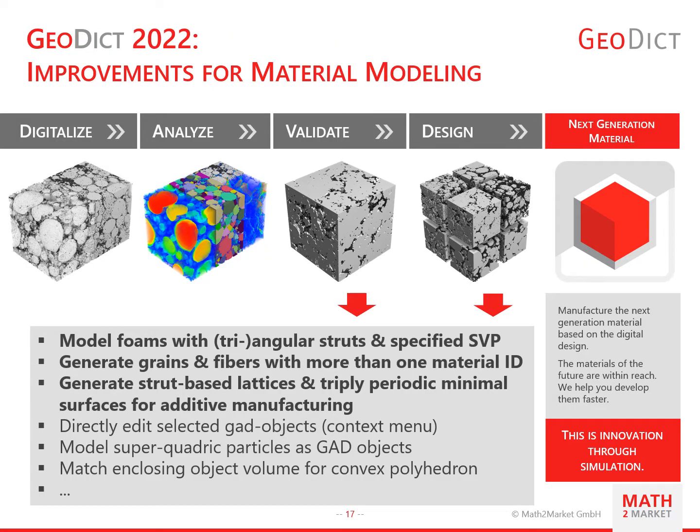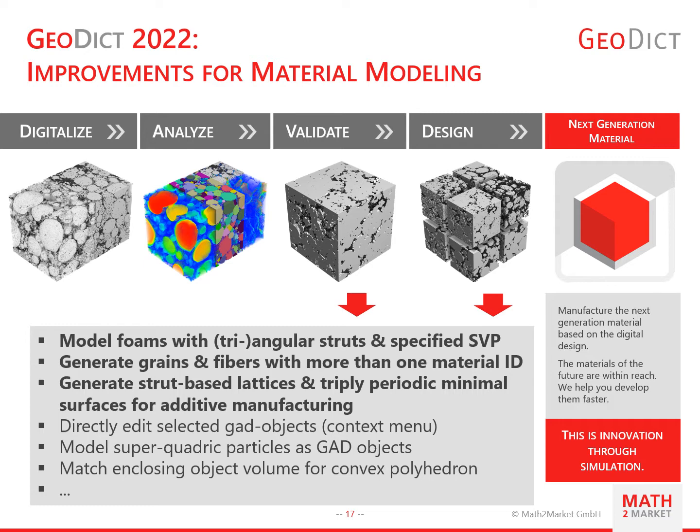Let us continue with the feature highlights regarding material modeling, which is needed for the validation and especially for the design step. One can model foams with triangular struts and specified solid volume percentage now. It is possible to generate grains and fibers with more than one material ID per object.